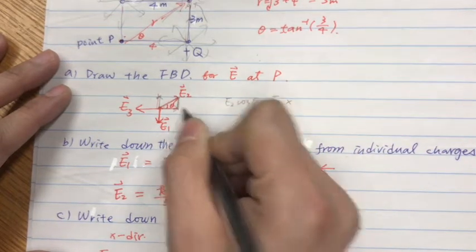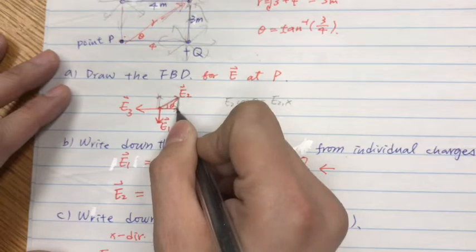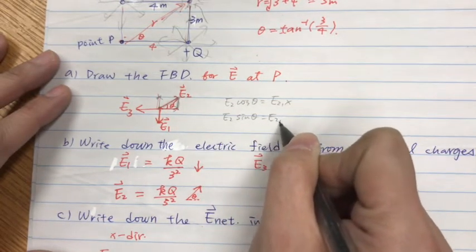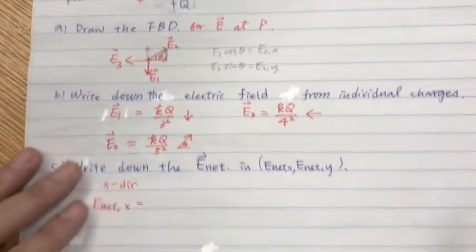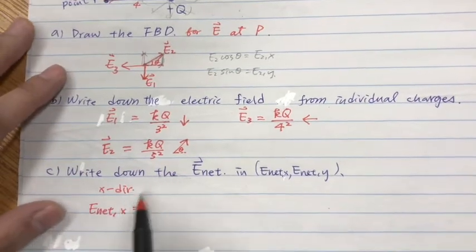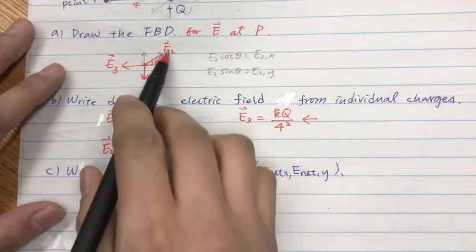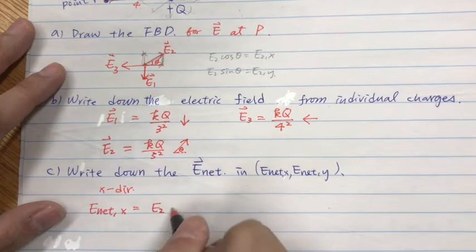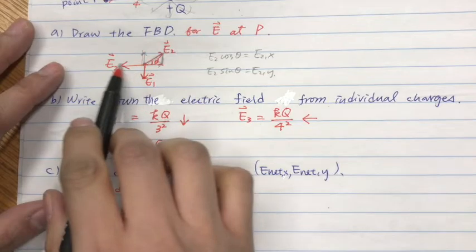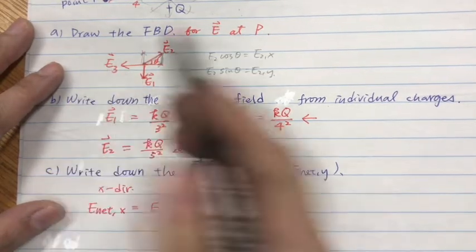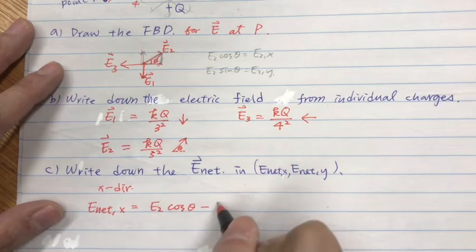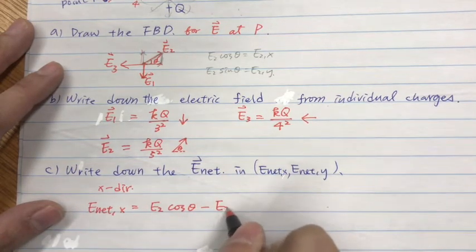And here this is the y component, which is E2 times sine theta. So now let's fill this in. E1 doesn't contribute to the x component, but E2 has E2 times cosine theta. And E3 is completely in the x component, so it definitely contributes to the x component of the net field, which is negative because it's going in that direction.